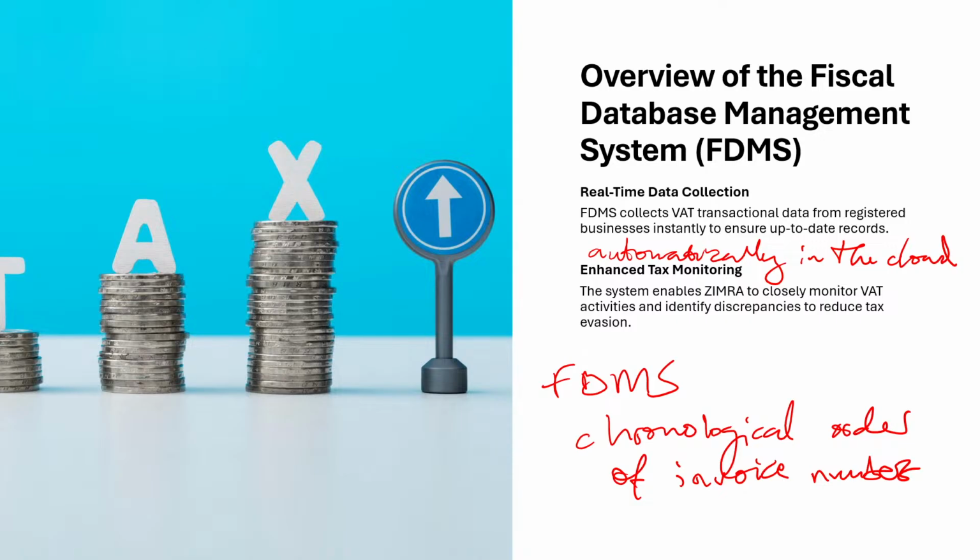So whenever you skip an invoice number, for example, 1, 2, 3, 4, 5, that's chronological order. It's following a pattern or a sequence.